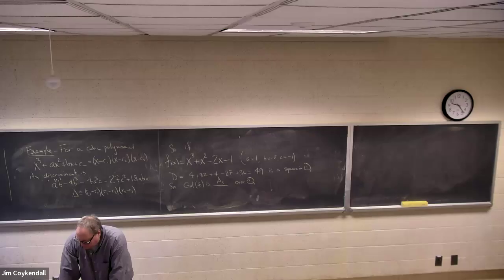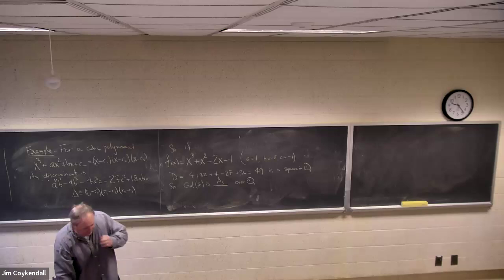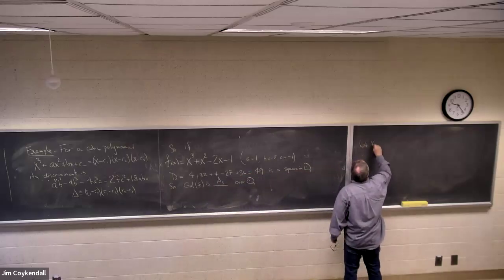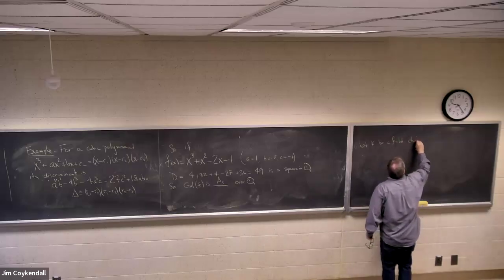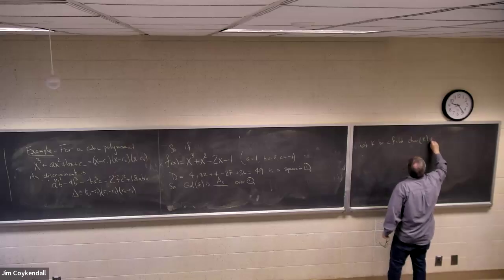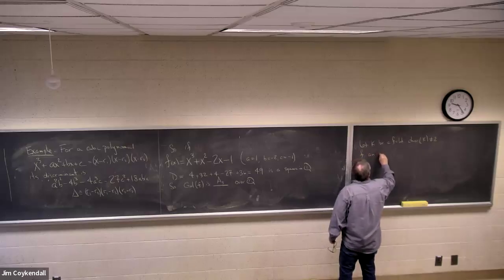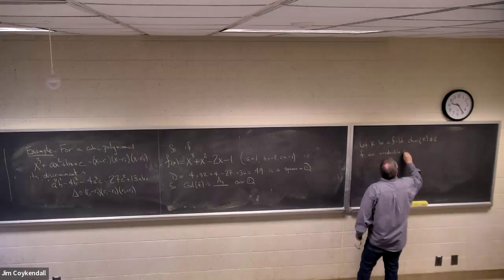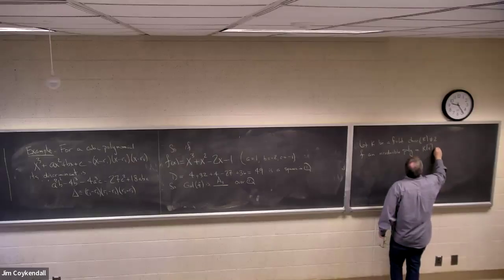Here we're going to assume that the characteristic of K is not 2, and F is an irreducible polynomial in K[x] of degree 4.